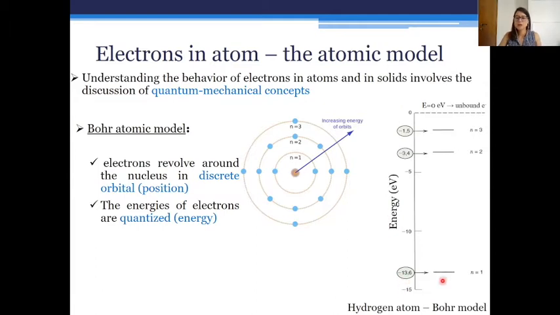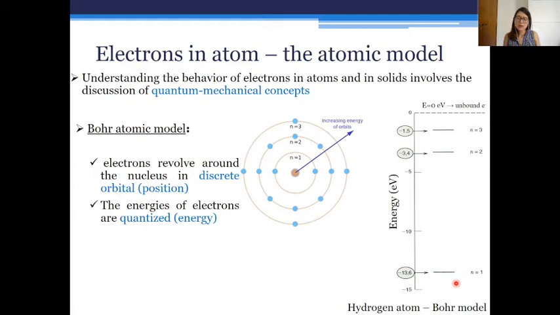And we represent the different atomic levels, atomic shells. There is a number attributed to each atomic shell, n. We start from the orbital with lower energy, which is the closest to the nucleus, that is written n equal 1. After that we have the second orbital, which is written n equal 2, and so on. Each of these orbitals has a specific energy value.